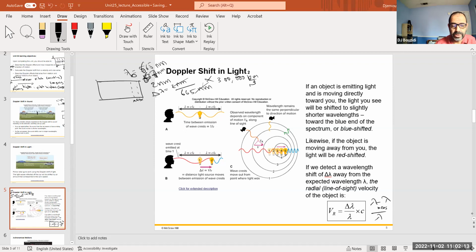Okay, let's take this example and see how fast this is relatively moving just by a 2 nanometer shift. I have the calculator open here. I'm going to do 2 divided by 665. So I get 0.003 times 300,000, which is the speed of light. And this is moving at a ridiculous speed of 900 kilometers per second.